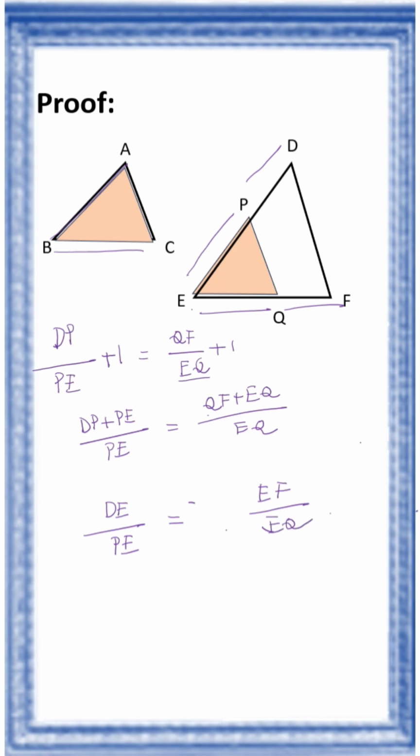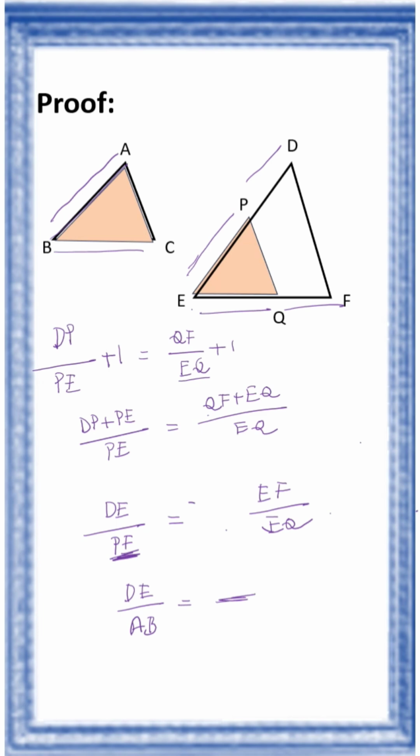So here instead of PE we can write AB, isn't it? Instead of PE we can write AB. DE by AB. This ratio we have got earlier also in the previous slide. Here instead of EQ we can write BC.